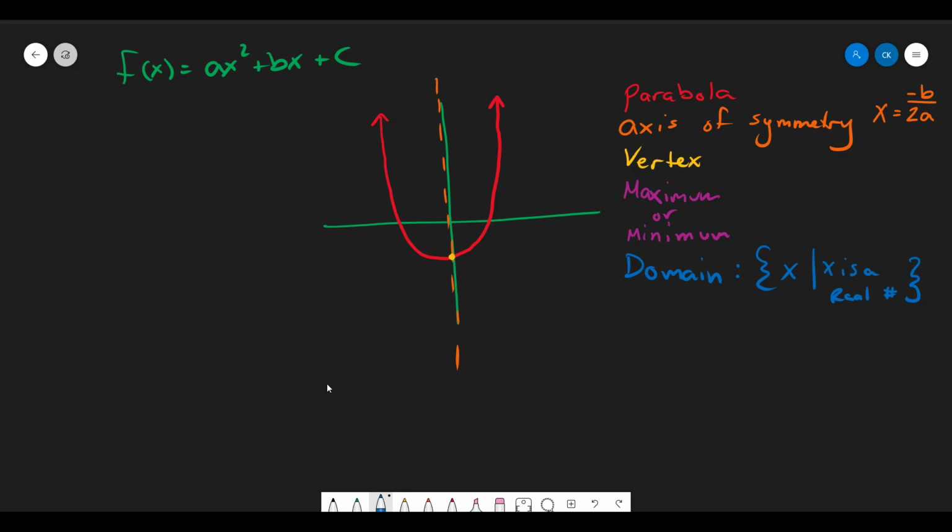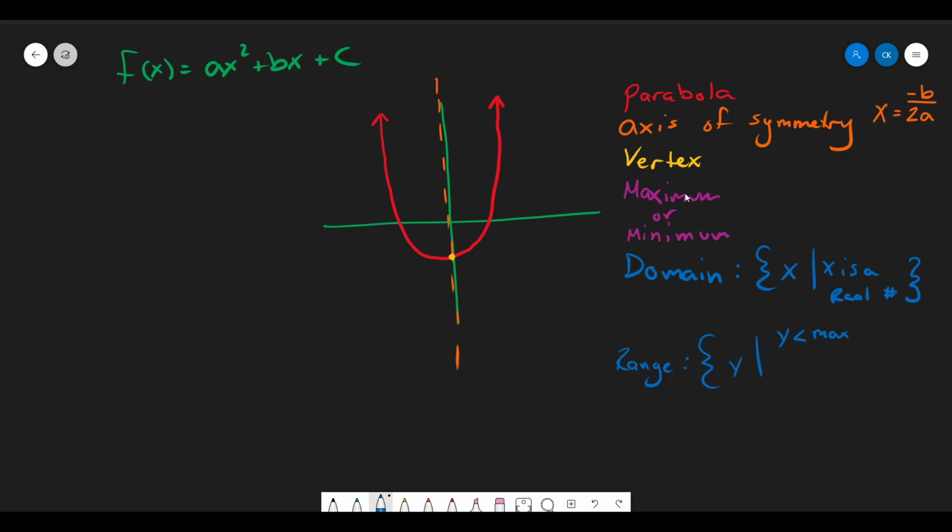My range, that's going to depend on whether we have a maximum or a minimum. Obviously, if we have a maximum, it'll always start y such that. If we have a maximum point, it'll be y is less than whatever the maximum is. Meaning you'll say y is less than the maximum, whatever the maximum number is.